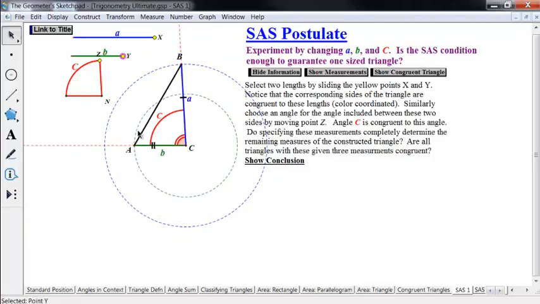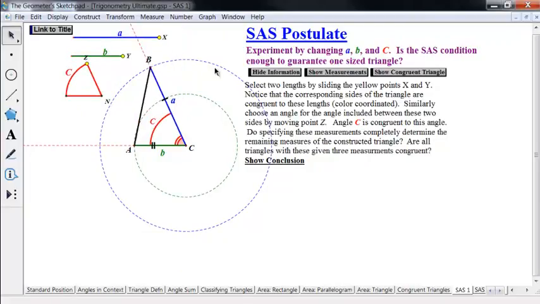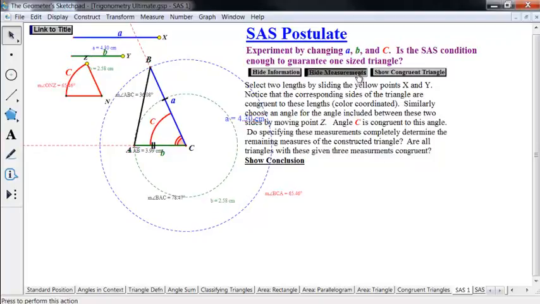That means it goes out on the green circle length, and it has to be on this red ray here, which means it has to go to point A. And similarly, this one out here specifies side length A, and this gets us exactly one triangle that's there. This one also has the added advantage of, you can also click on that and show all the measurements as well.